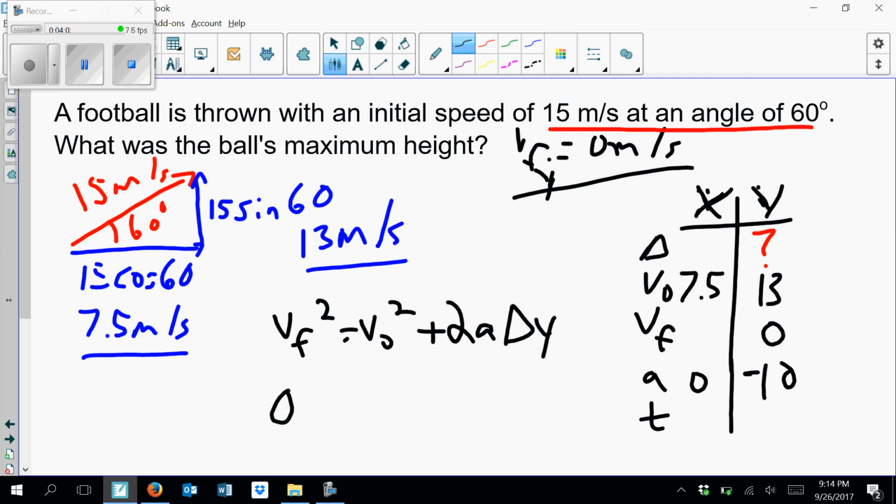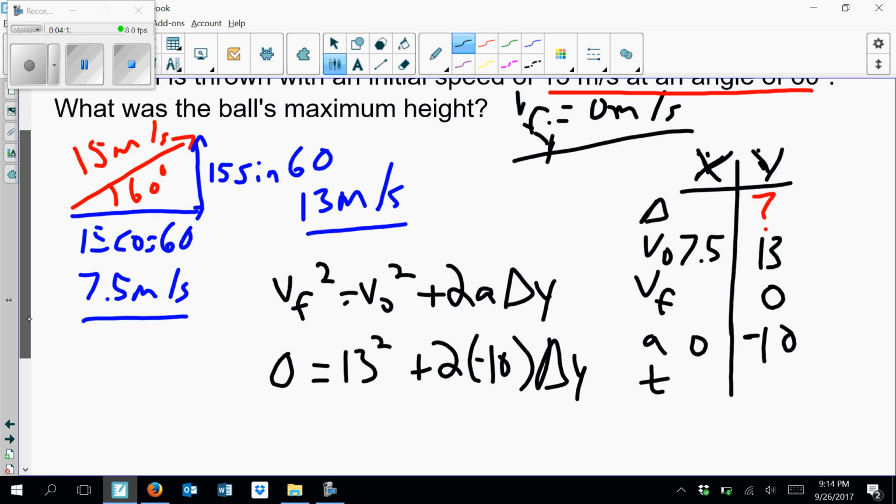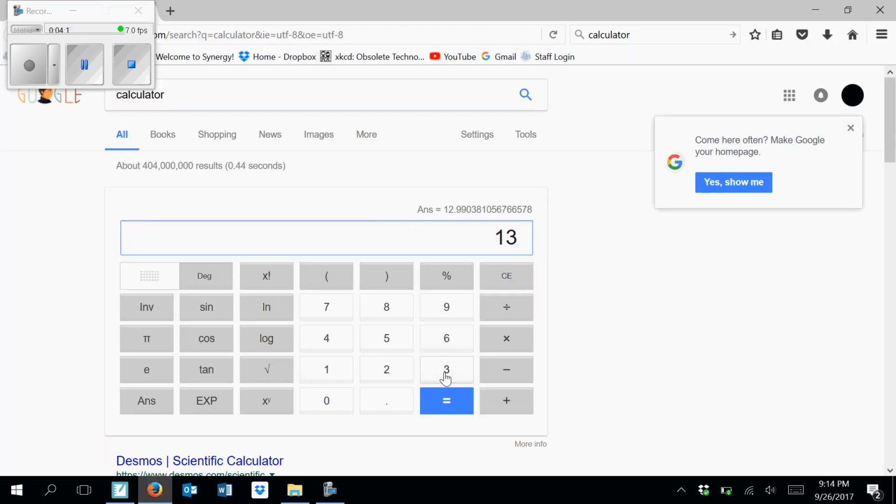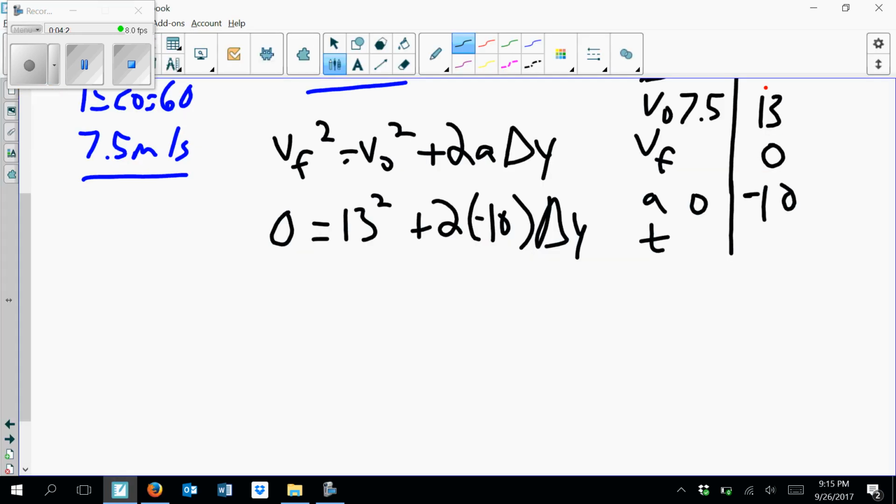Start plugging some stuff in. 0 equals 13 squared plus 2 times negative 10 times delta y. All right, so 13 squared, 13 times 13, is going to be 169 plus negative 20 delta y.